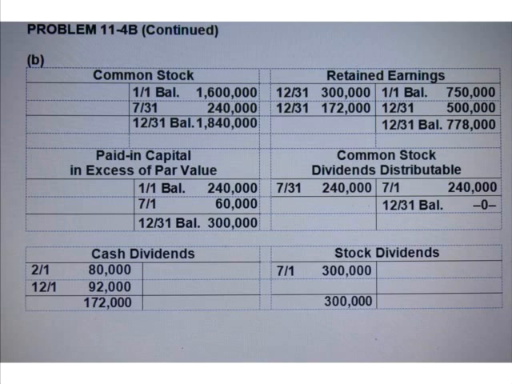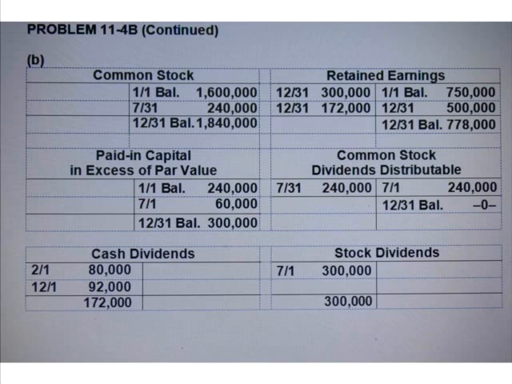If you look at the common stock dividends distributable, originally, when we declared the dividend, we credited the account, but those shares were then distributed to the shareholders, so we debited the common stock dividends distributable account for $240,000, which brought the balance down to zero, and we increased the common stock account by $240,000.